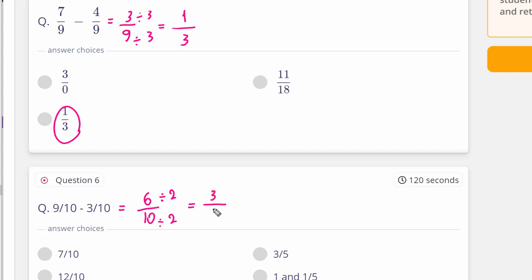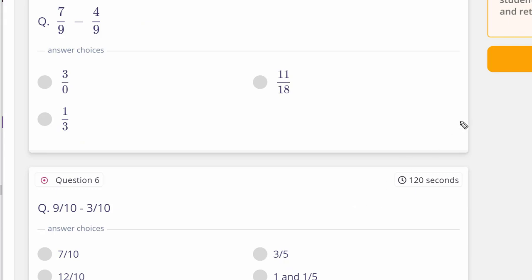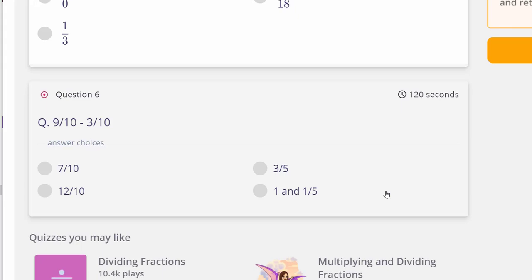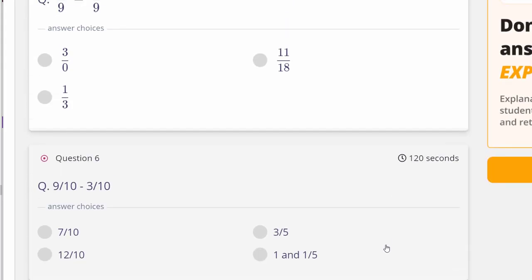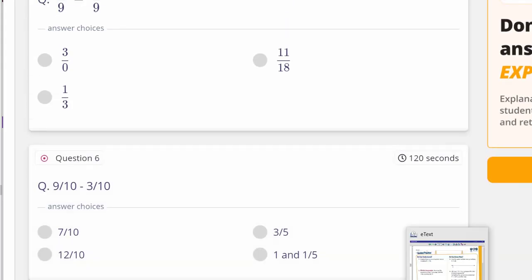And 10 divided by 2 is 5. So the correct choice here is 3/5. As you can see, my heroes, to solve the questions, I need to subtract, and maybe sometimes I need to find an equivalent fraction.